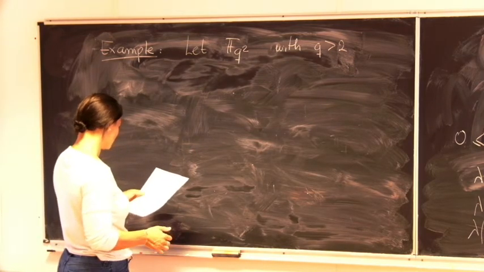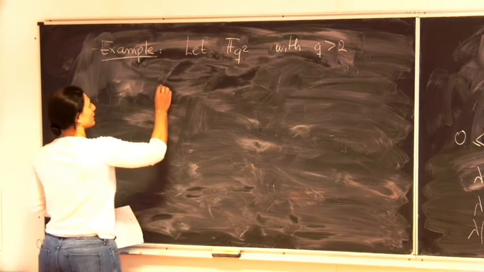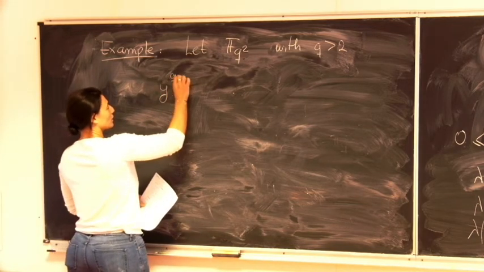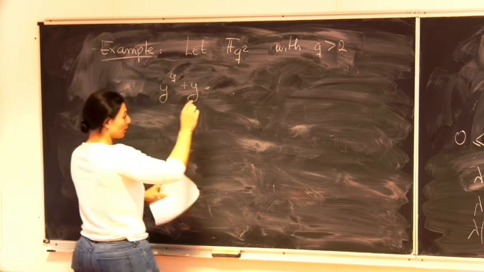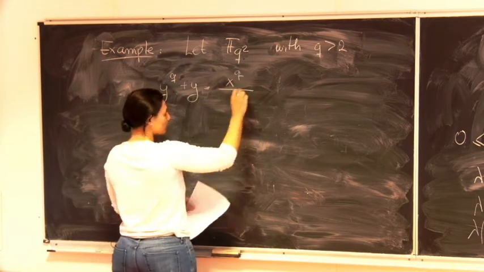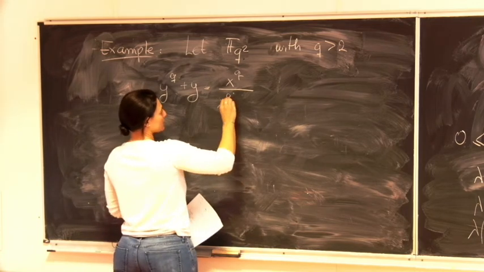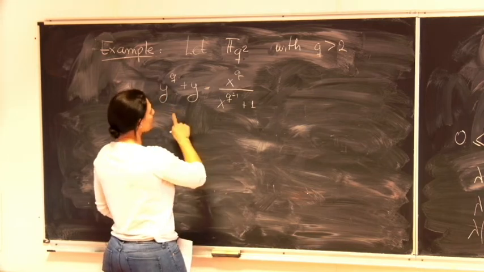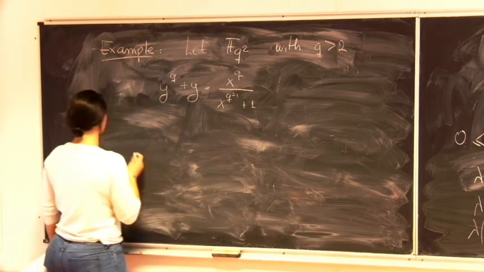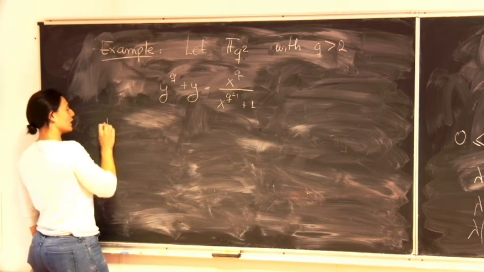And then we consider this equation: y cubed plus y equals x^q over x^(q-1) plus 1. This equation defines an asymptotically good tower of function fields.